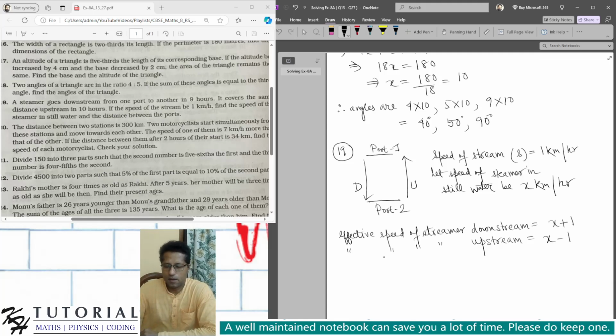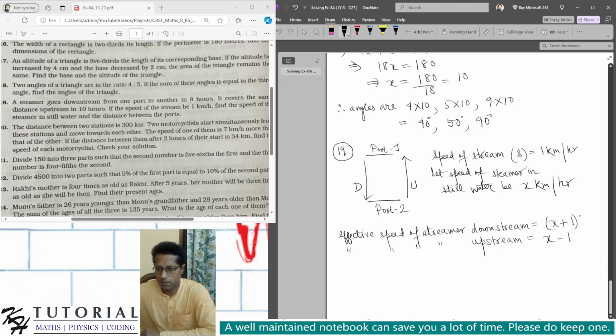Now it is given that it covers the same distance upstream in 10 hours. So the effective speed of the steamer downstream is x plus 1 kilometer per hour, and upstream is x minus 1 kilometer per hour.